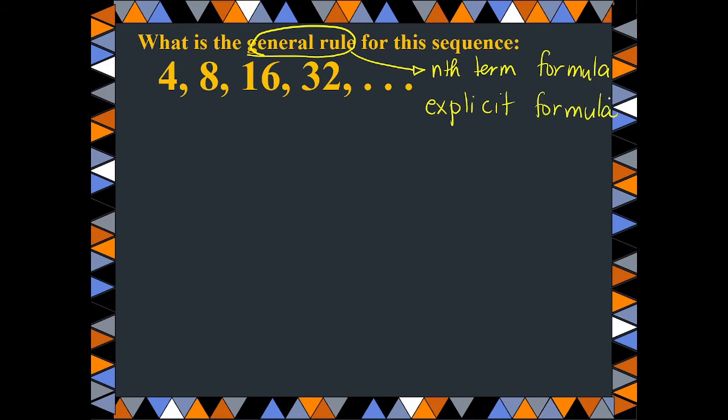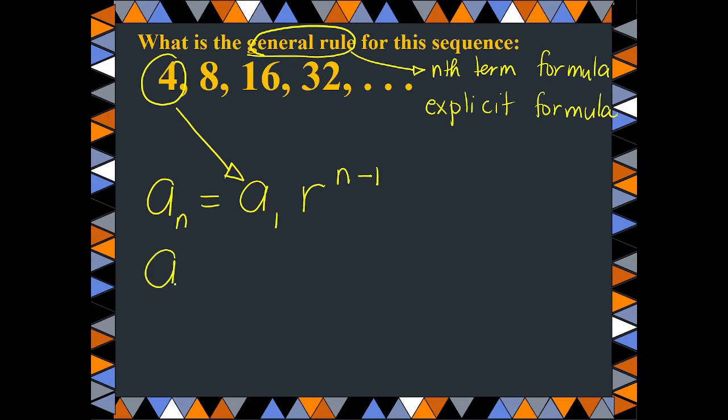So to get the explicit formula of this geometric sequence, I will be using the geometric sequence formula. Thus, a sub n equals a sub 1 times r raised to n minus 1. You have noticed that this is the first term. Substitute it over here. So this becomes a sub n is equal to 4. Now, what is the common ratio?